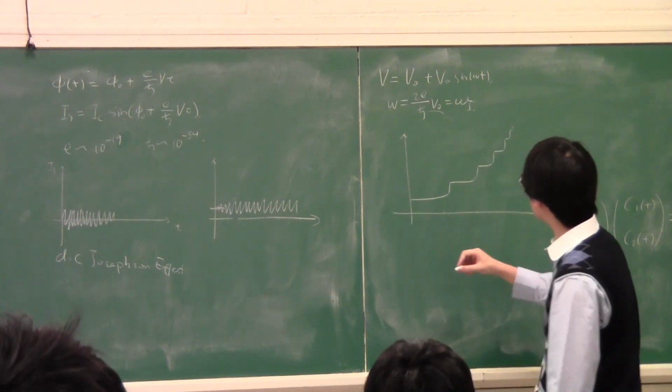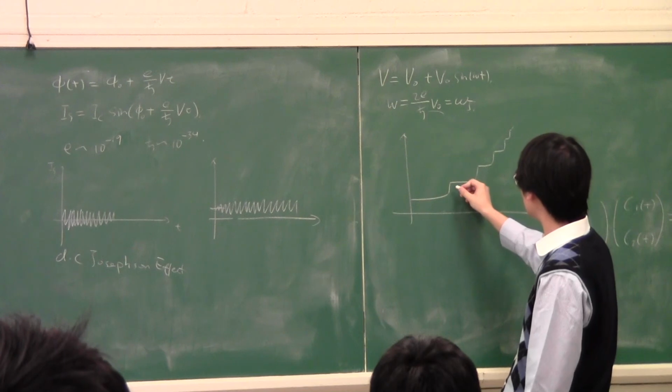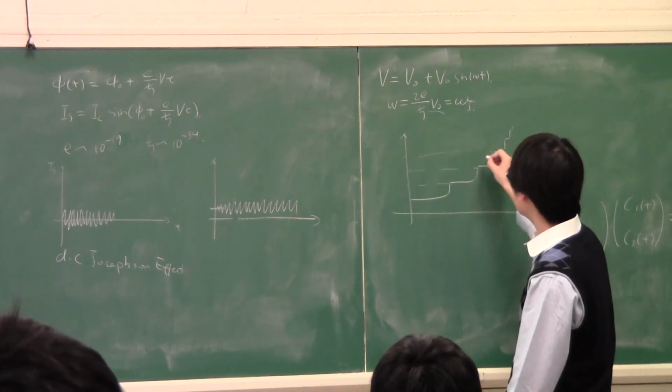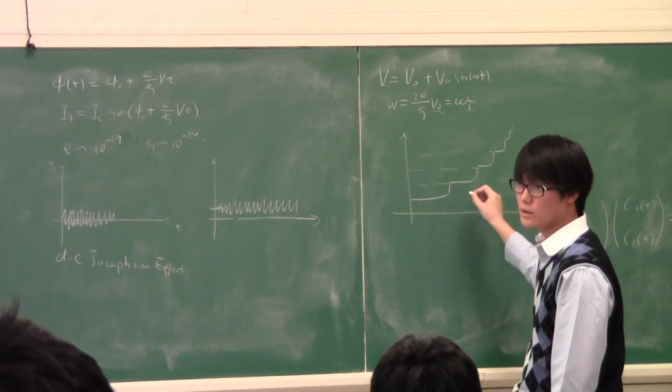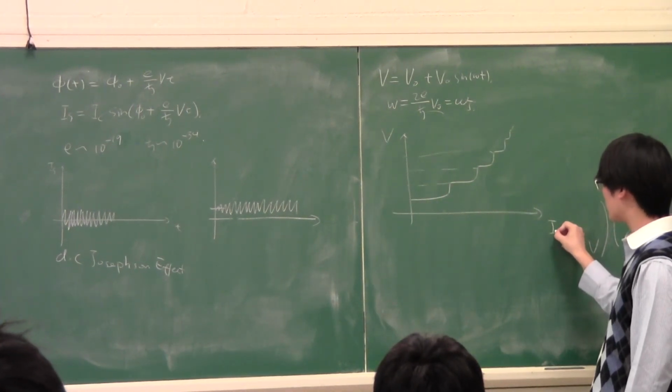So it approaches a linear thing because then it's non-conducting, and then these jumps in the current and in the voltage. This side is voltage. This side is the supercurrent.